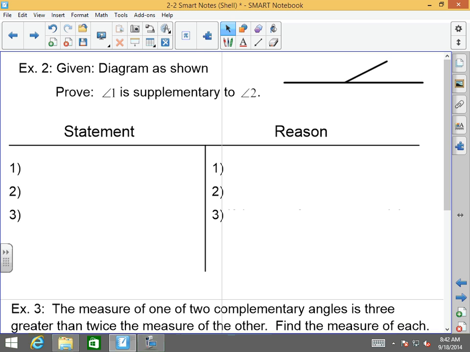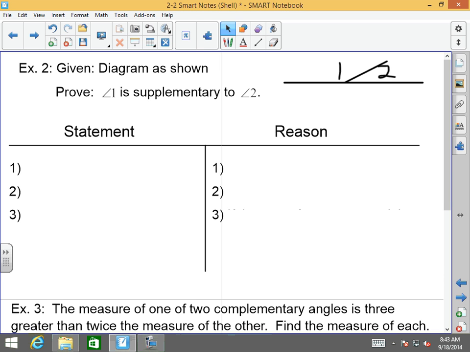And then let's say that this is angle 1 and this is angle 2. That should have been there. If they tell you diagram as shown, there should be a diagram. I apologize, guys. We're all human. Okay, so diagram is shown, now that I have the actual diagram there.